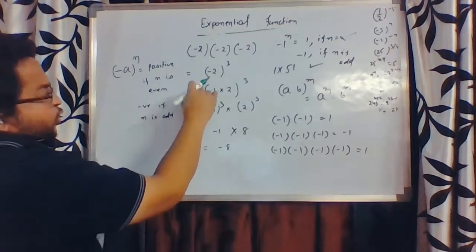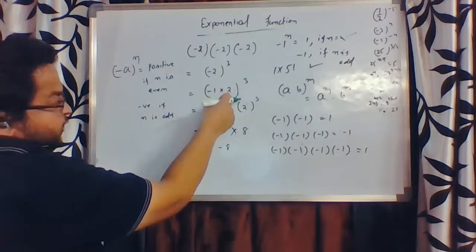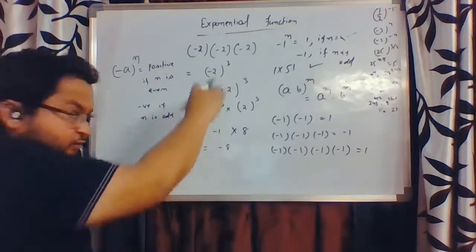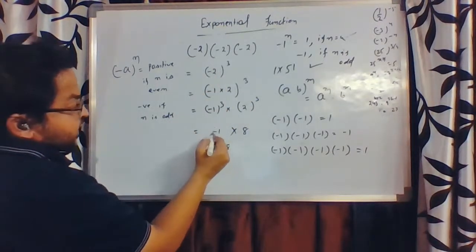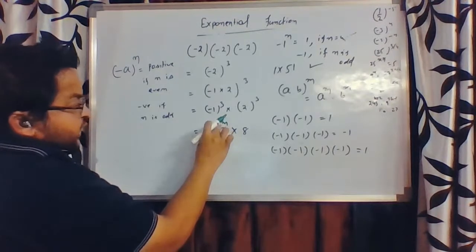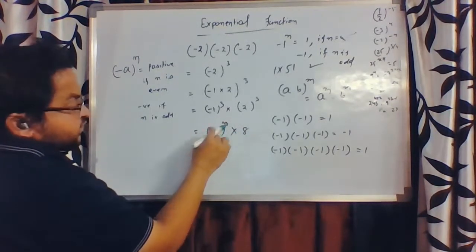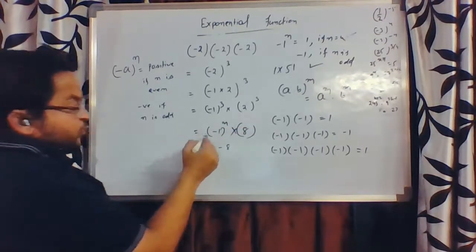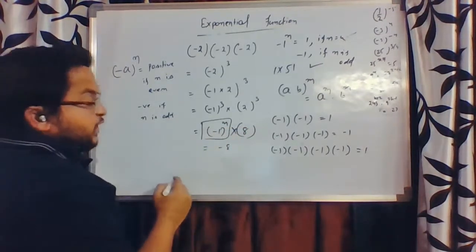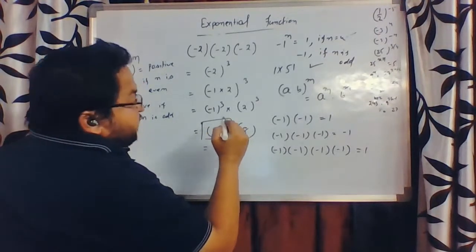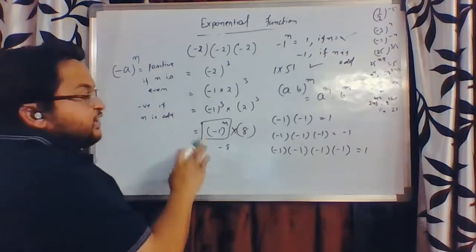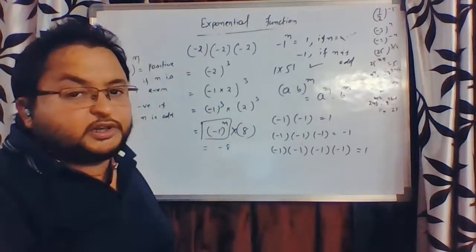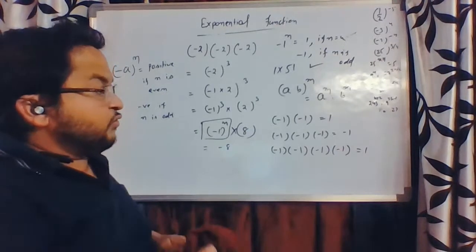Any negative number can be written as minus 1 into its positive counterpart, raised to some power. Following the same steps, we get minus 1 to the power n, and n can be odd or even, and based on that the sign is determined, while the other part is always positive. You get a positive number only when n is even, and otherwise you get a negative number. So this is the one last law that we have.